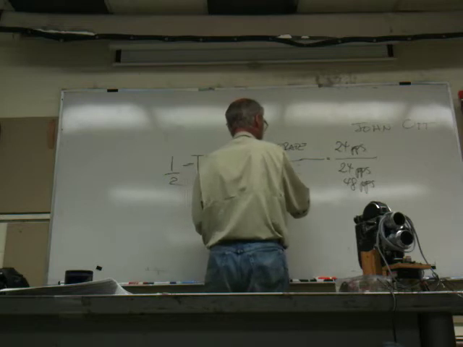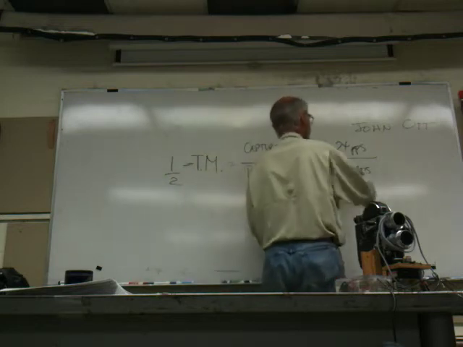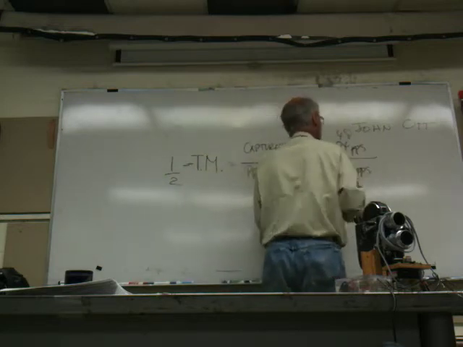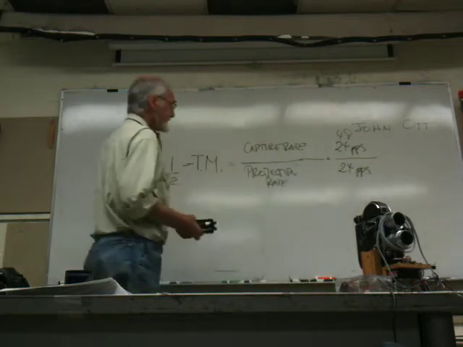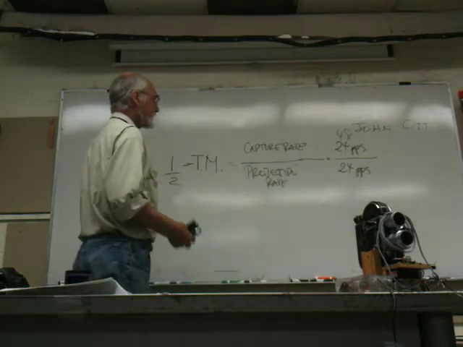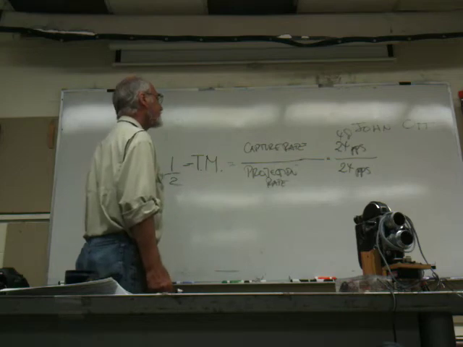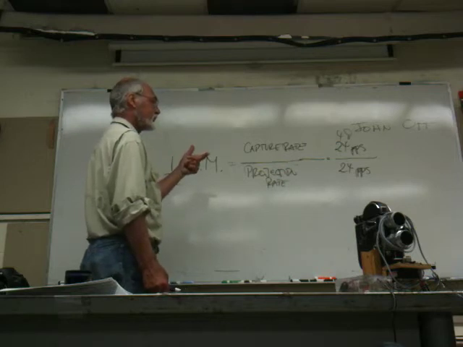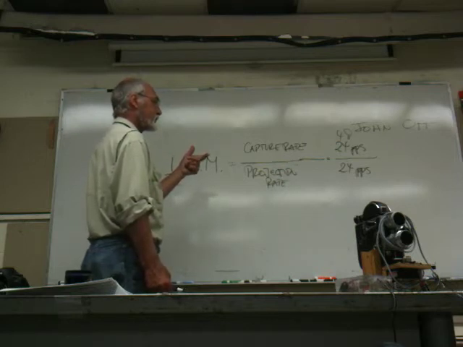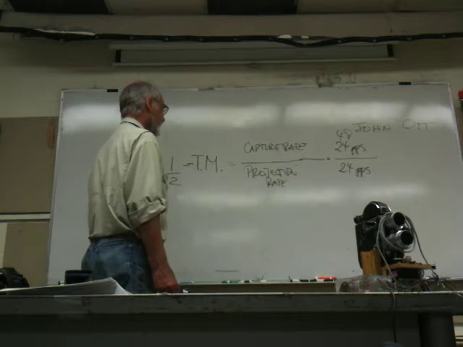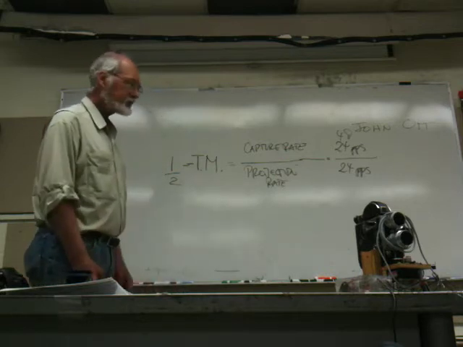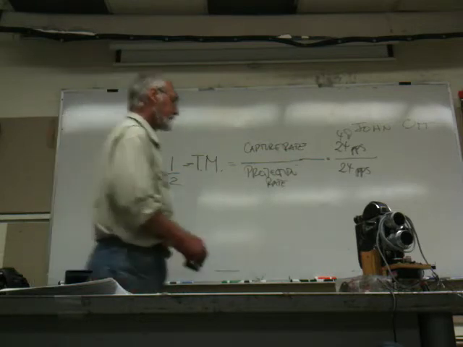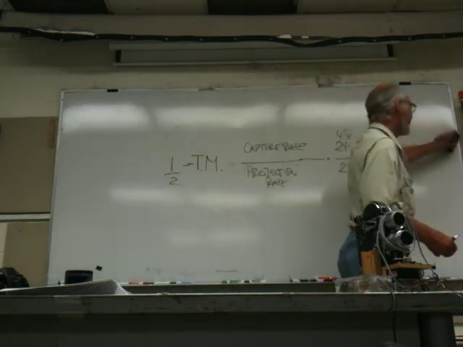Great. And now we can put a 48 over here, and put the 48 over there. Now the time magnification is 2. Oh, 2? Yeah, something is wrong. My logic must be wrong here. That's John Ott influencing me.